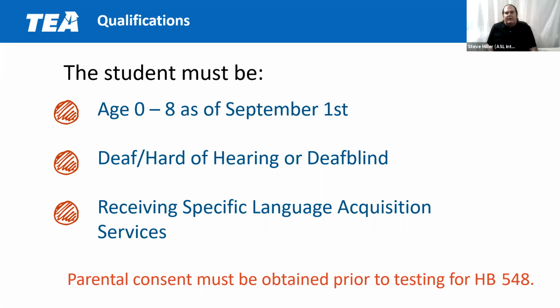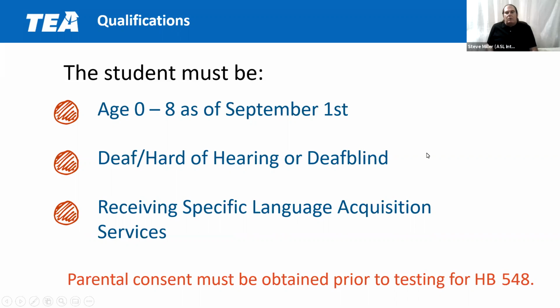Number two, the student has to be identified as either deaf or hard of hearing or deafblind. And the third thing is the student must also receive specific language acquisition services. That is language instruction by a special education teacher, a deaf education teacher, a deafblind teacher, a parent-infant advisor, and/or a speech pathologist. It could be a combination of all of those, but it must be a minimum of one of those.